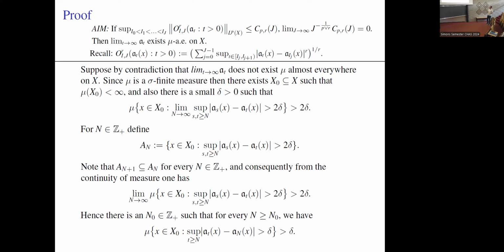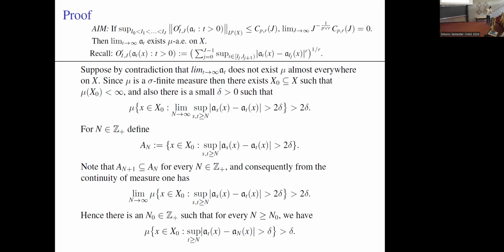So we assume that the sequence A_t does not converge almost everywhere on X. First of all, we may think that our measure is finite by restricting to some subset of the original space X. And the fact that the sequence does not converge means that the sequence is not a Cauchy sequence.